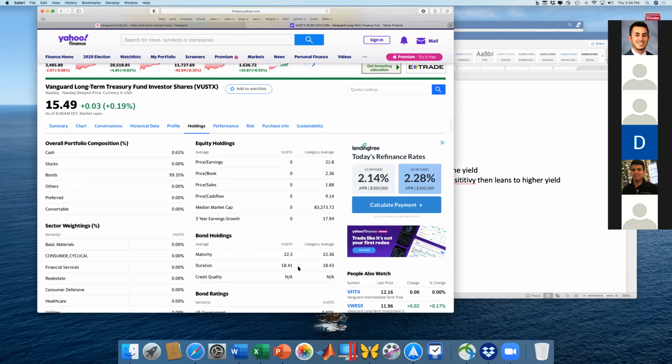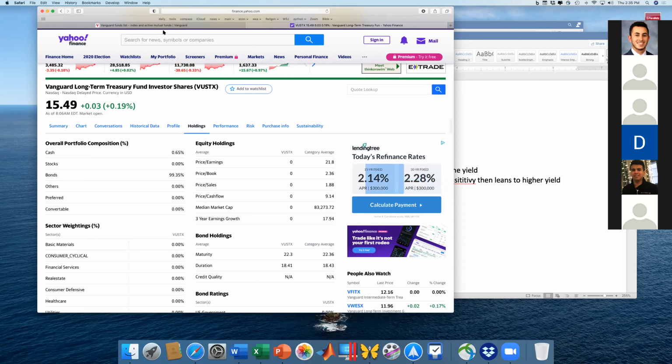So very far into the future. Now, if I want higher yields, I could take a higher duration bond, but then I am looking at a bond that has more risk due to interest rate sensitivity in the future.